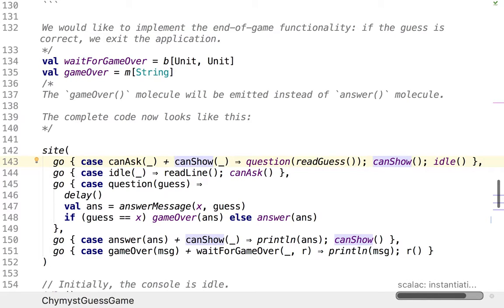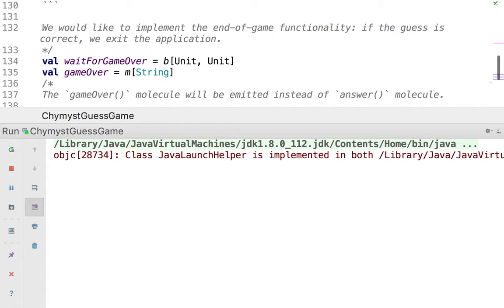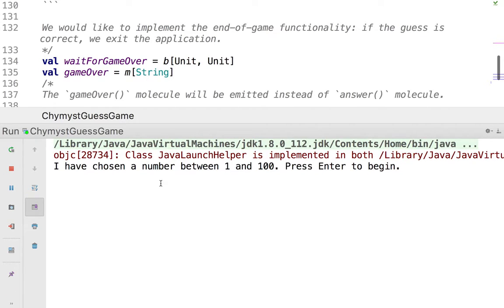There's, however, some issue with this code which makes it less than perfect, and I will show you that essentially we need to optimize a little and dive a little deeper into the chemical machine in order to understand what is wrong with this code.